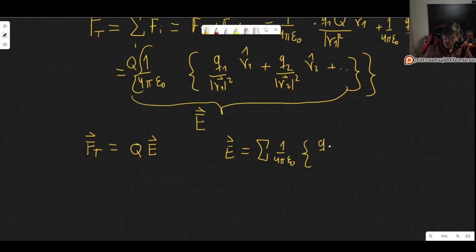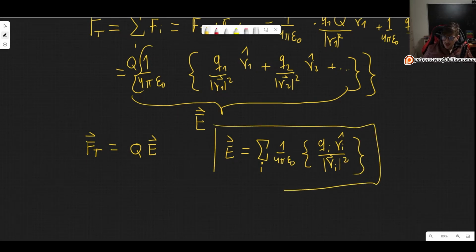Now let's do this in a compact way. So we sum over i, so we get Qi, ri unit vector, and ri vector squared. Okay, so this is the electric field. Now it looks very nasty, but basically the electric field is the sum of all individual electric fields. So what is just one individual electric field?